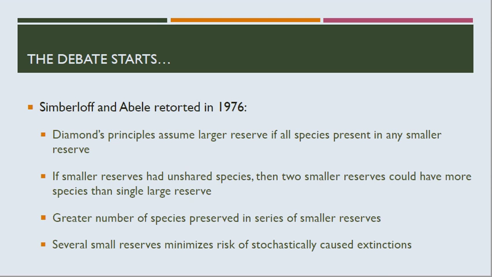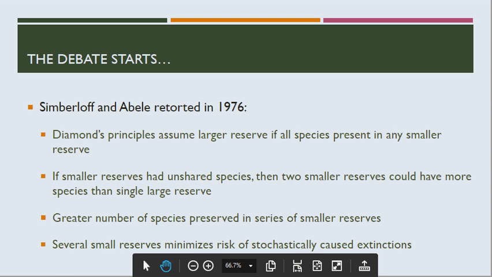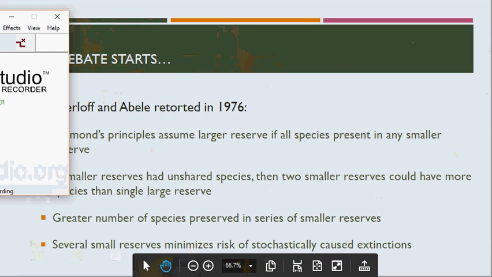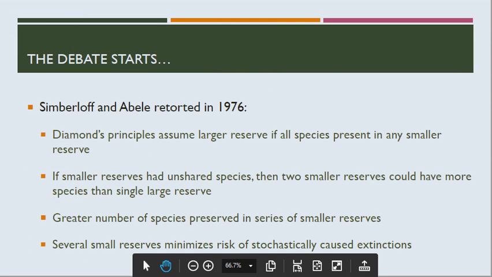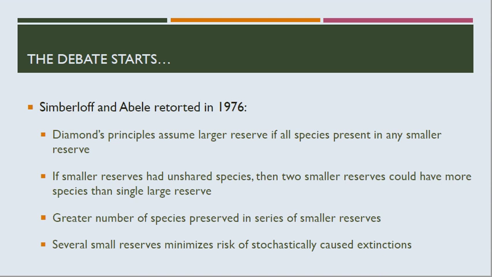Okay, sorry about that. So we were talking about Simberloff and Abele retorting, saying that the general idea of a single large reserve may not actually, in all cases, give you the maximum number of species.